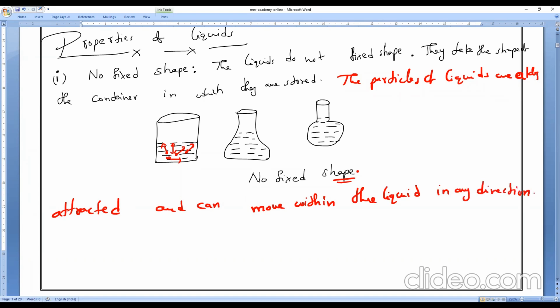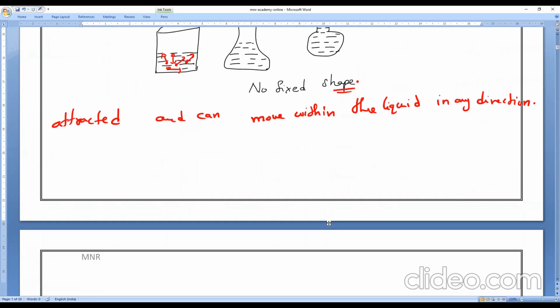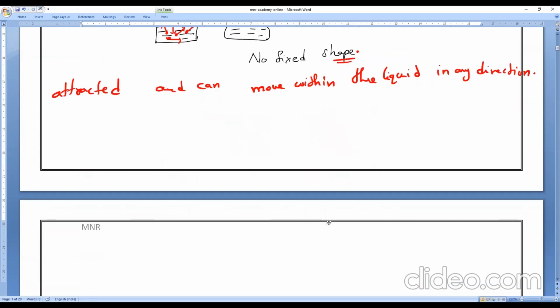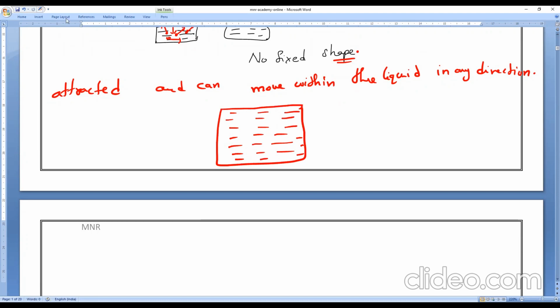Is it okay, guys? All of you clear? Please respond. So that is the reason. This diagram also you can draw. I will draw one more time. If this is the liquid, all of you remember the particles can move inside the liquid, within the liquid, in any direction. So that is the liquid property.